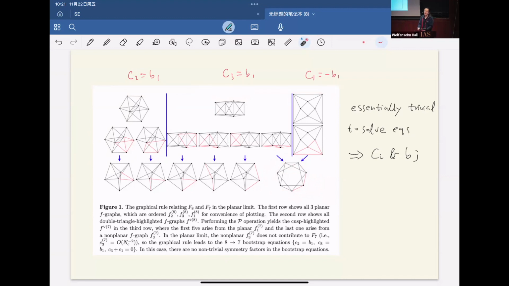But it's really interesting that when you go to higher loops, this linear equation not only allows you to solve the n-point coefficients in terms of n-1 point, it also constrains the n-1 point ones, right? So far, when we go all the way up to 11 loops, you can see that it fixes all the C, which are n-point coefficients, and all the B, which are n-1 coefficients, at the same time.